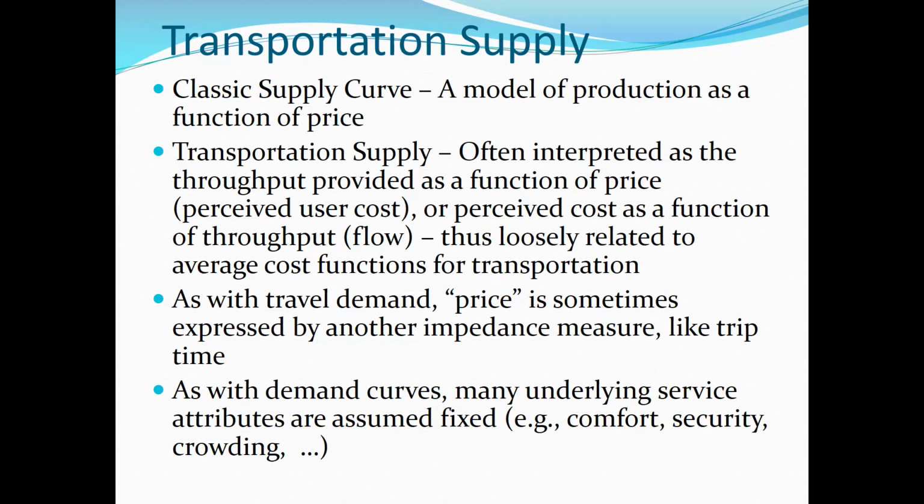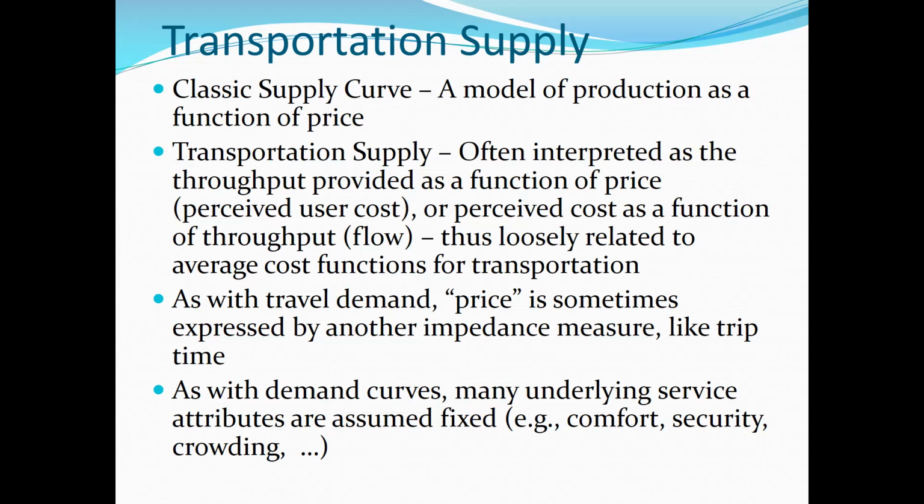Now, if you try to apply that classic economic supply curve concept in the realm of transportation supply, you interpret that as the throughput provided as a function of price, and your price is essentially perceived user cost, or perceived cost as a function of flow.